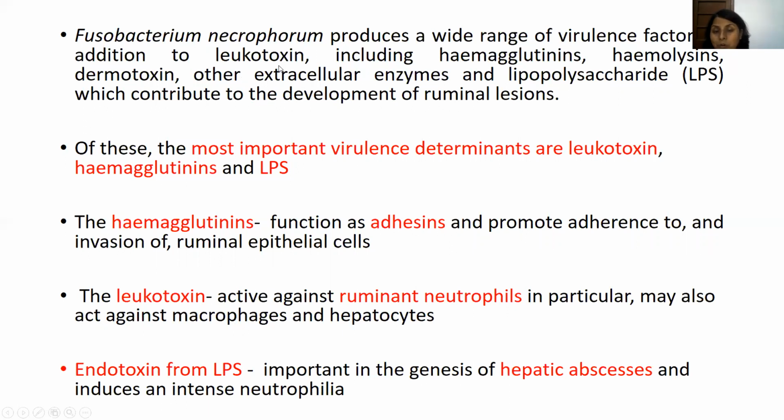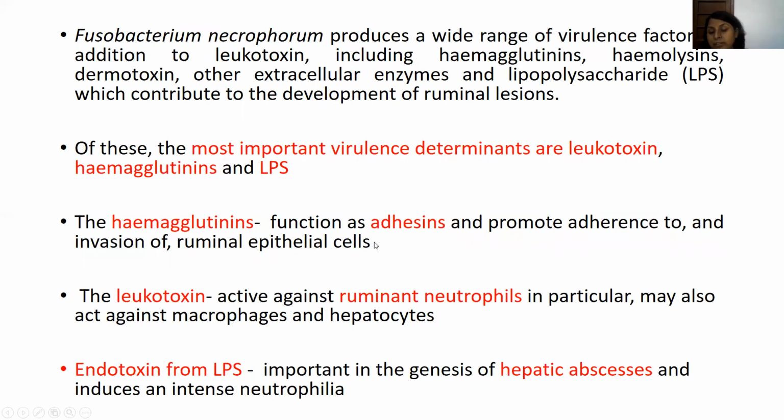Fusobacterium necrophorum produces a wide range of virulence factors, and one of them is the leukotoxin. Others are hemagglutinin, hemolytic dermonecrotic toxin, extracellular enzymes, and lipopolysaccharide, and these are all responsible for the production of the luminal lesions. The most important virulence factor is the leukotoxin, and others are hemagglutinin and LPS.